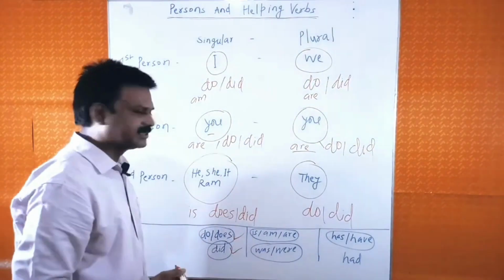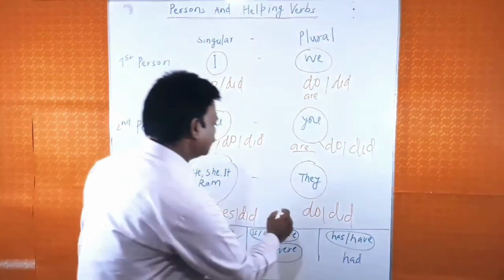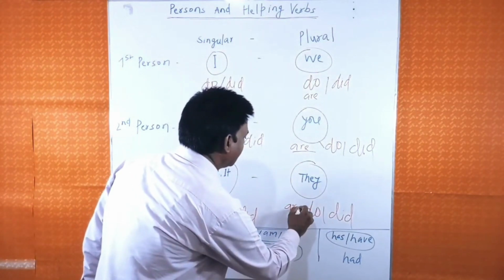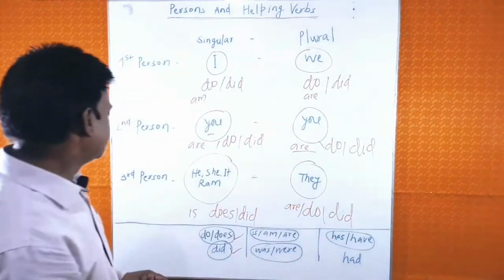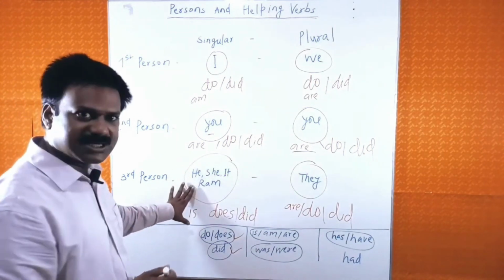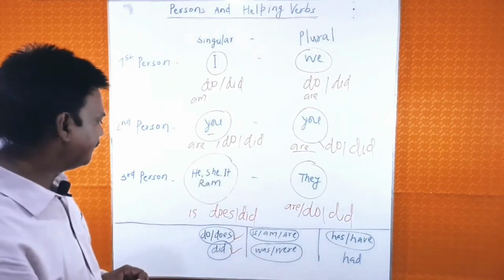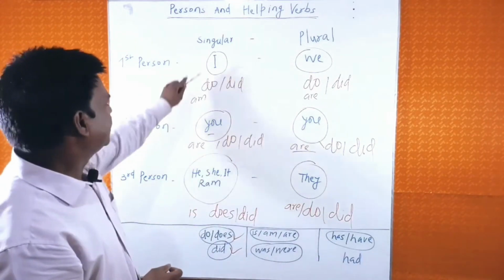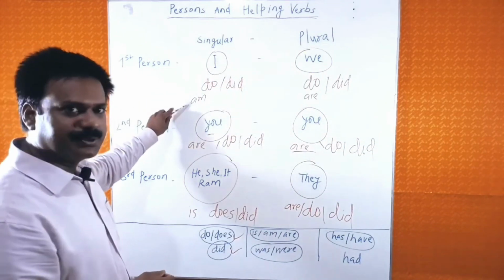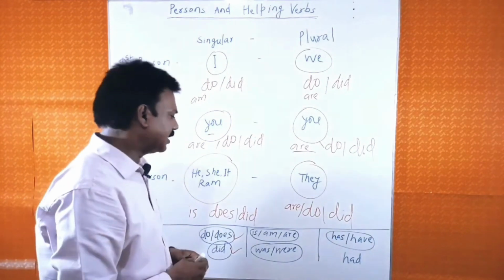He is, she is, it is, Ram is. With they we use are. We find here that is is used only with the third person singular number he, she, it or any name. Otherwise with I, everybody knows we use am, I am, and all the rest take are.